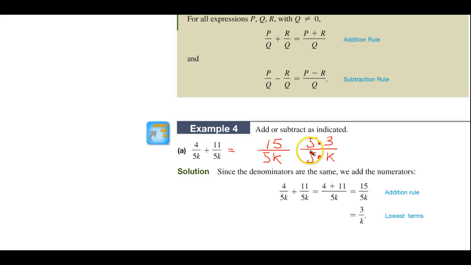So we now have a common factor of 5 that we can cancel out. So simplified, this ends up being 3 over k. So we have a common denominator, we add our numerators, then we simplify, and there's our answer.